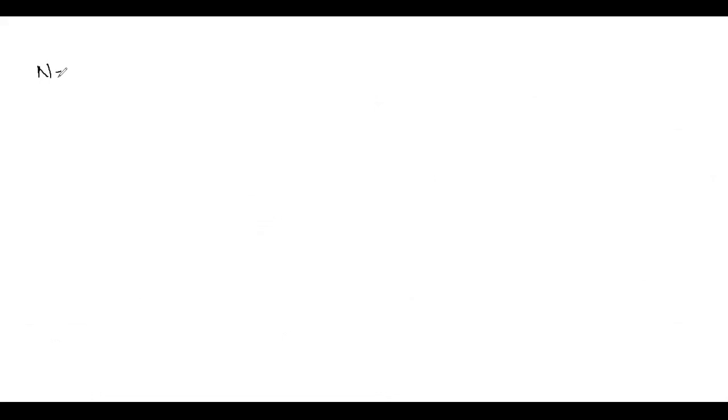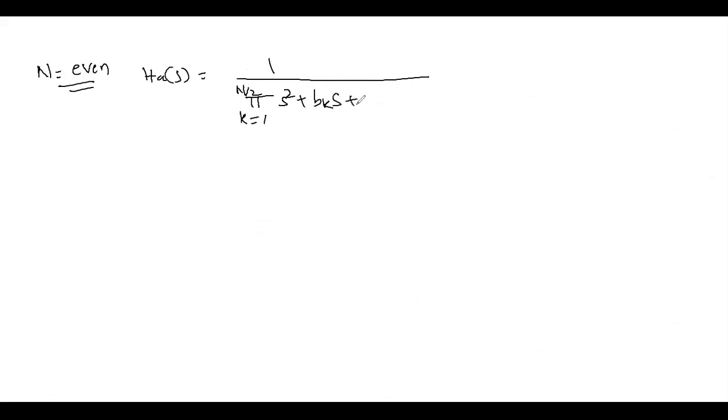Say n is even, we get H of s equals 1 divided by the product for k equals 1 to n by 2 of s square plus bk s plus 1, where bk equals 2 sine of (2k minus 1) pi by 2n.